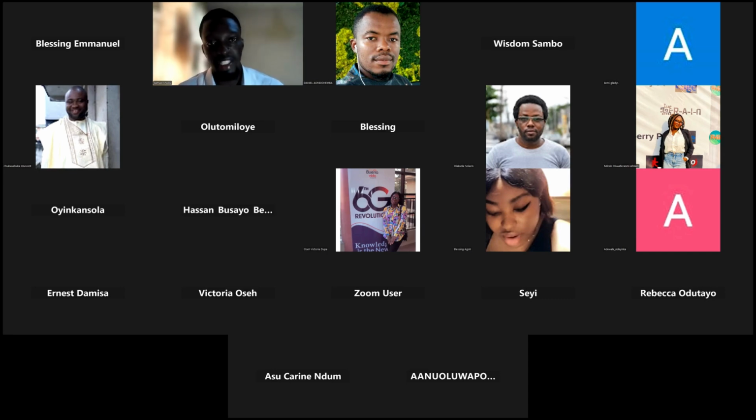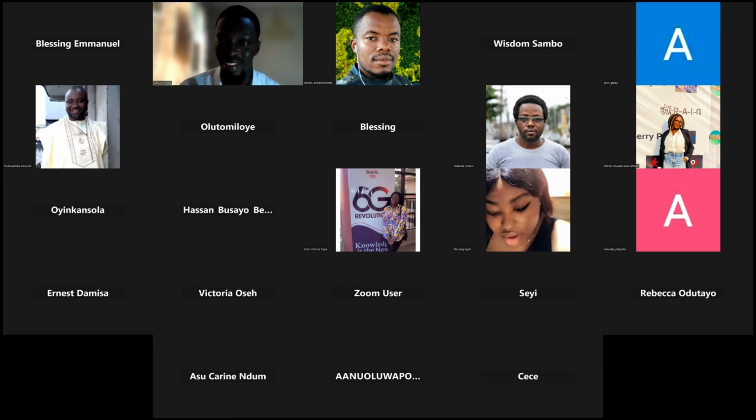The first thing that we need to understand is what data science is. I'm very sure a lot of people think data science sounds cool. You want to be a data scientist, but you don't really know what it entails.